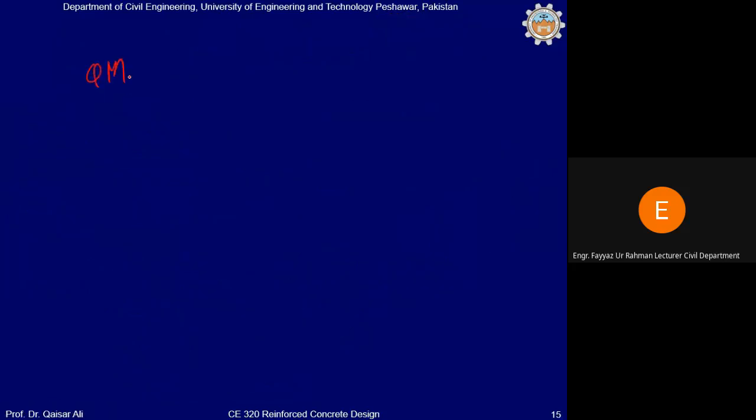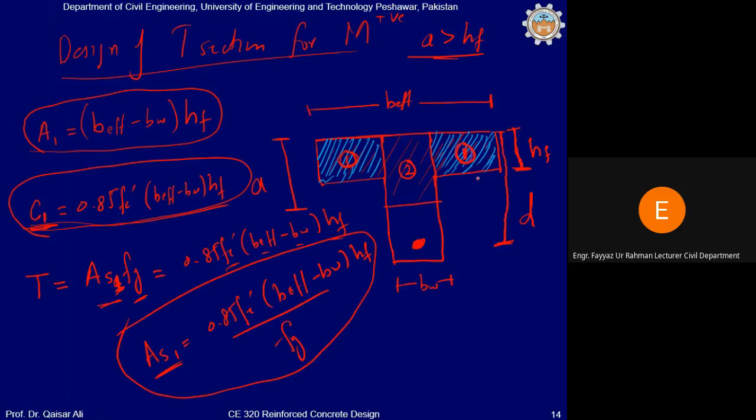phi Mn1 for example, it will be equal to phi As1 fy into lever arm. तो कोई बता सकता है what will be the lever arm in this case? This force will be resisted at the centroid of this area.